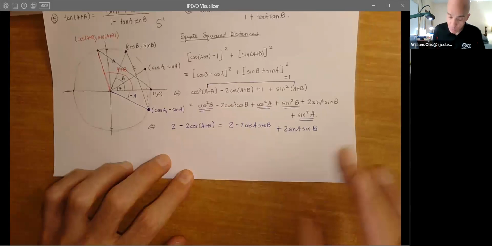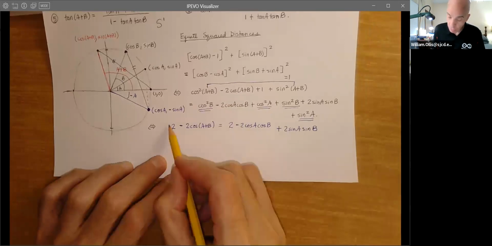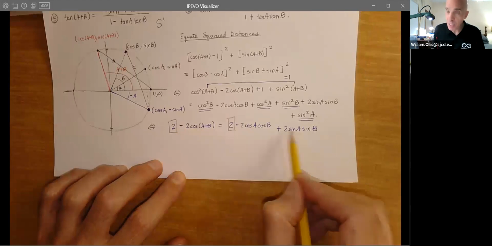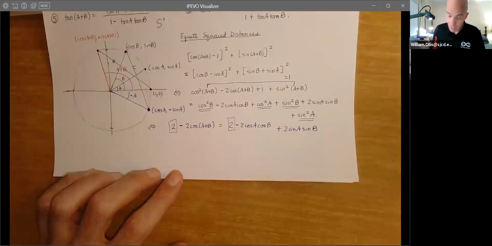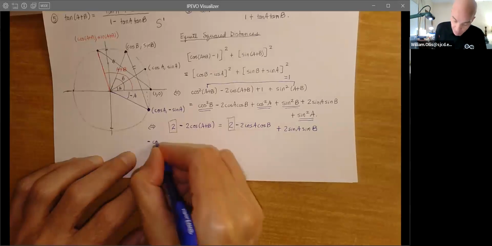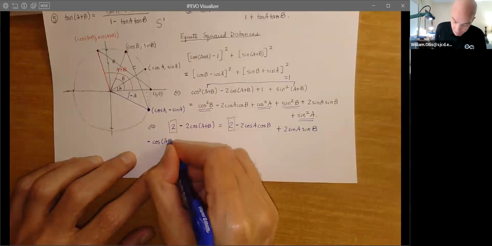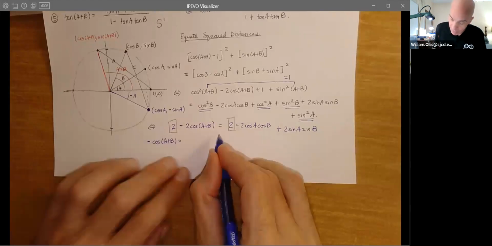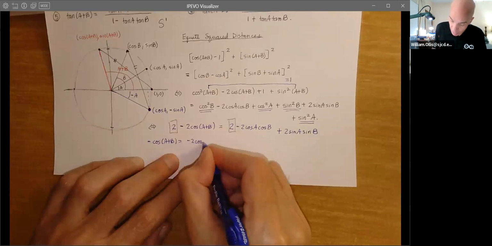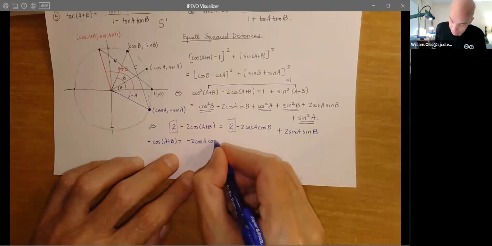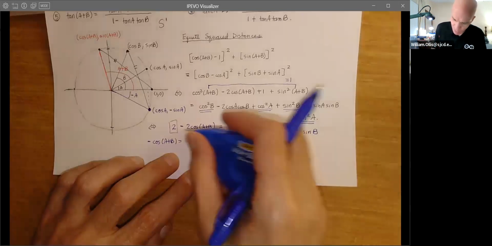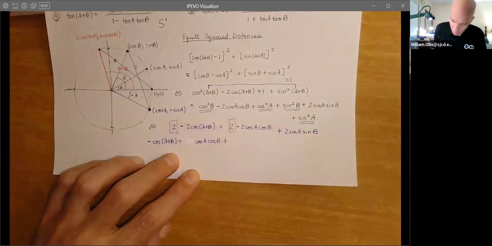Now, the 2's absorb. They're gone. And then all of these 2's that are hanging out, we can just absorb them too. So this will give us a negative cosine A plus B equals negative 2 cosine A cosine B. Oh, sorry. Got rid of the 2. So get rid of it.